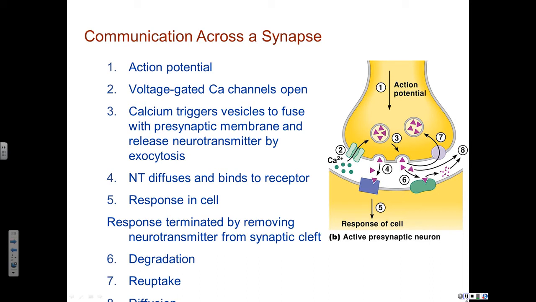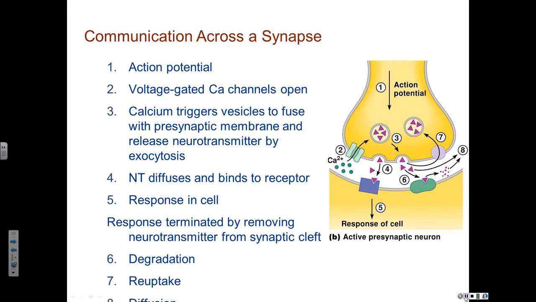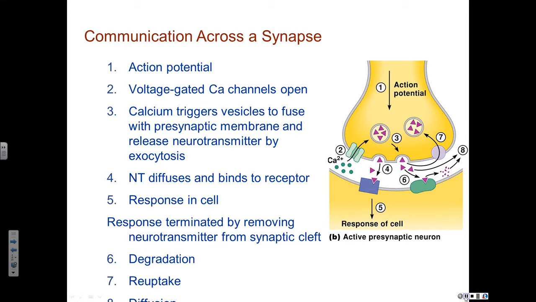Now, if you didn't do something with these neurotransmitters, you would basically be always stimulated, and that's not the way it works, right? So you have to do something to the neurotransmitters, and there are several different possibilities. One is you can degrade them, and that's what's shown here: there are enzymes that can break down some neurotransmitters, and therefore they no longer have the same structure, and they no longer can bind to the receptor.